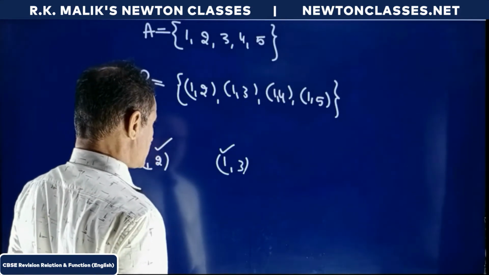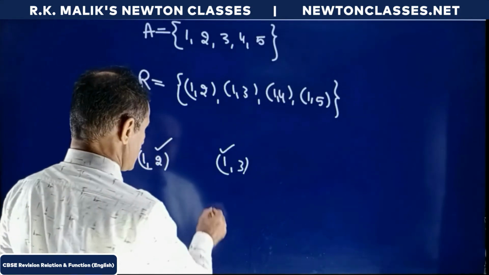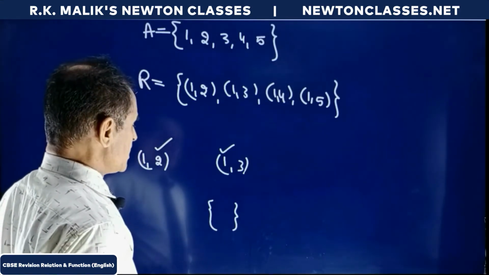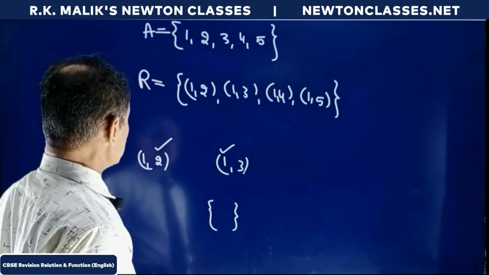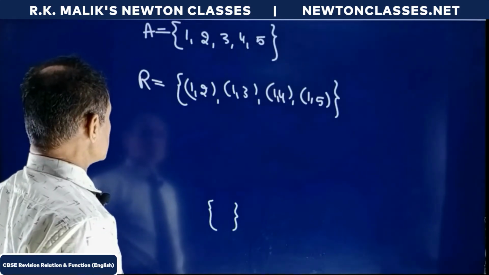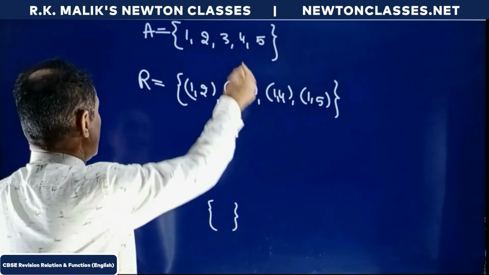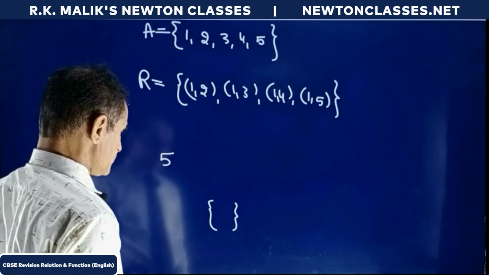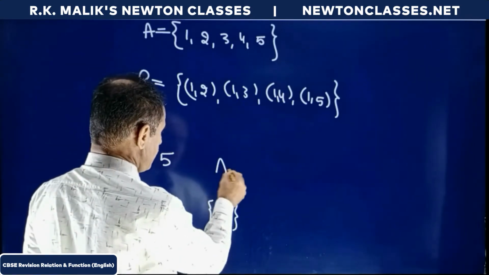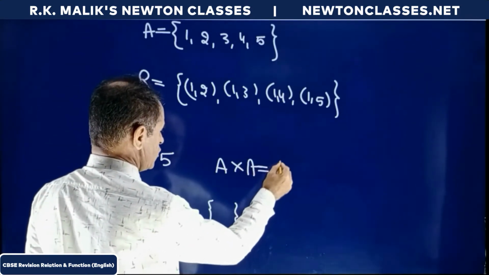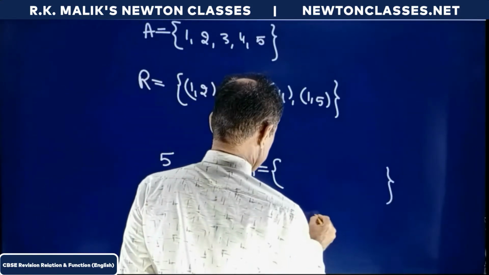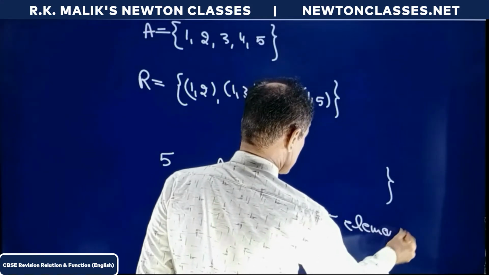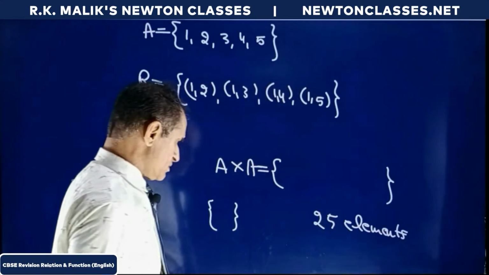One more very simple example of this is, let us take the example of the empty set. We know that the empty set is also a relation on A, because you must be knowing that as the set A contains 5 elements, the number of ordered pairs in A cross A will be 25.